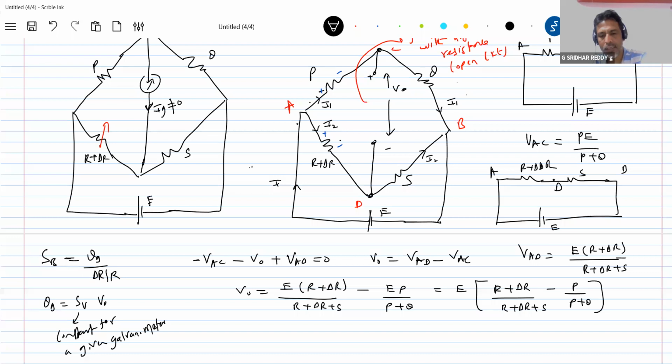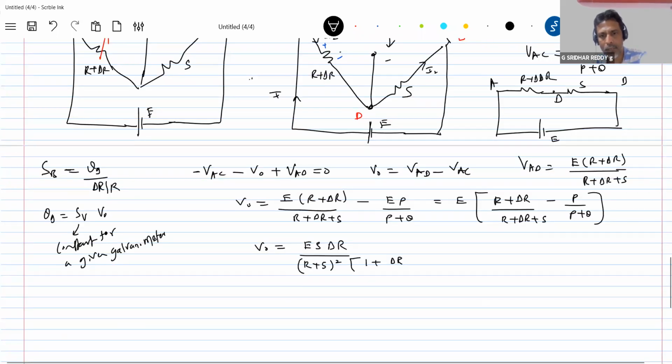Solving this, I'll end up with an expression for V naught. To save time, let me go directly to the one step after solving all this: one plus delta R by R plus S. After simplifying all, I'll end up somewhere like this. This is the equation.